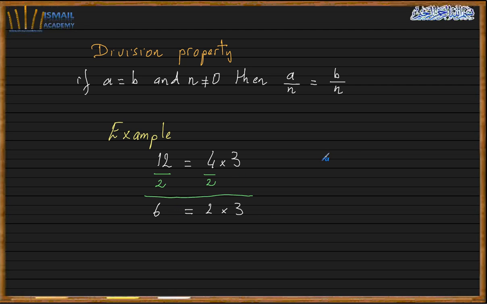The same thing if I have, for example, 4x equals 20. If I divide both sides by the same number, you see the 4 divided by 4 is just 1. So this means 1x is just x. And here is going to be 5. And you see we still have equal because we divide both sides by the same number.